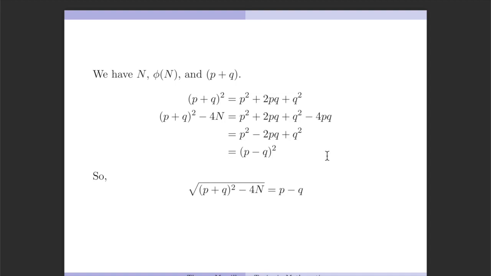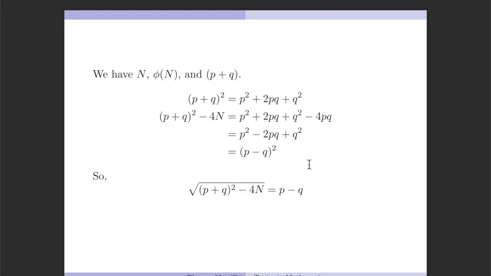And wrap that all up. That's the same expression as p take q squared. So I know what p plus q is. I know what n is. With that information together, now I know what number p take q squared is.